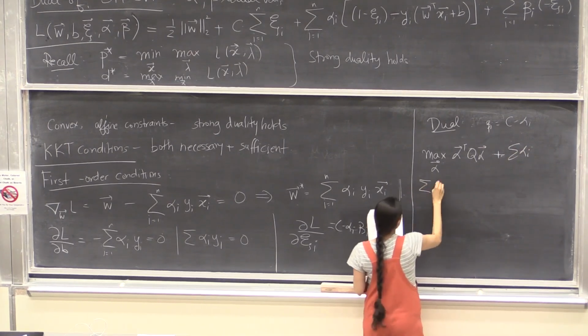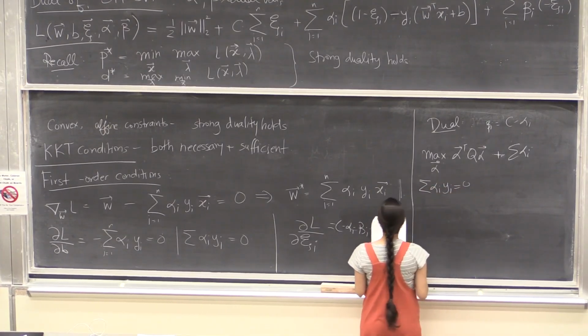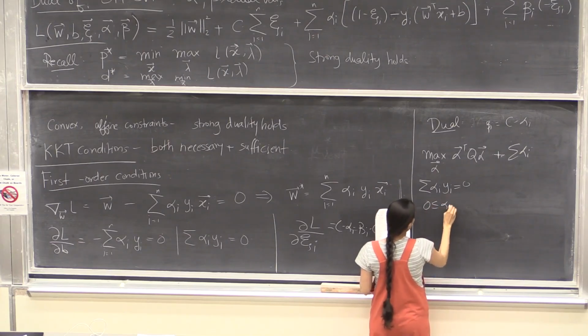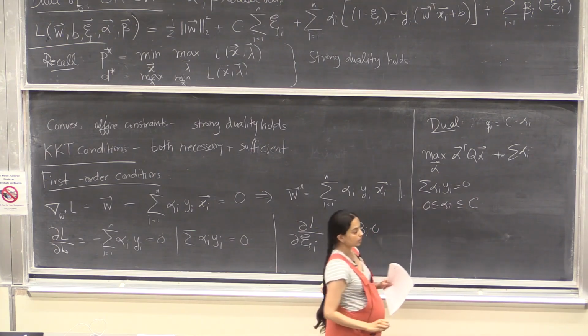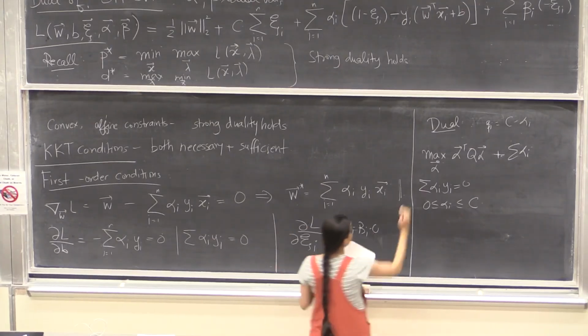I have to have sigma alpha i y i equal to 0. And then I have just 0 less than or equal to alpha i less than or equal to c. What happened to the negative 1/2? Oh, I just forgot to write it.